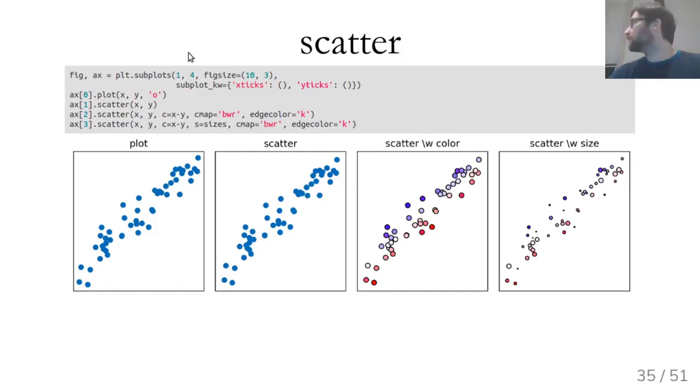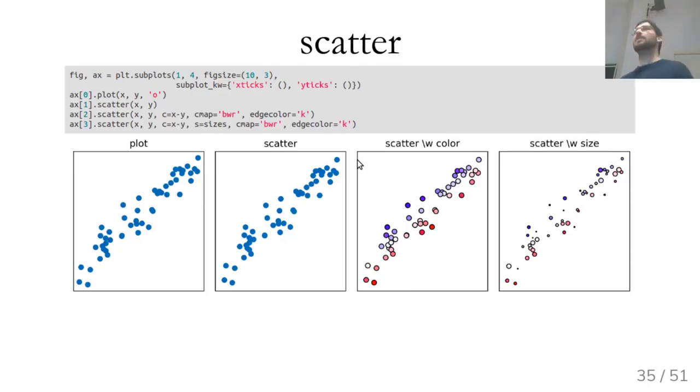But what scatter can also do is you can change the color. So if you either want to do a continuous variable, or if you want to plot categorical variables, like color by class size, or by class identity, you can set C. In this case, I set C to be the difference from the diagonal, and I use the contrasting color map, so everything that's on X equal to Y is white, everything above is blue, and everything below is red.